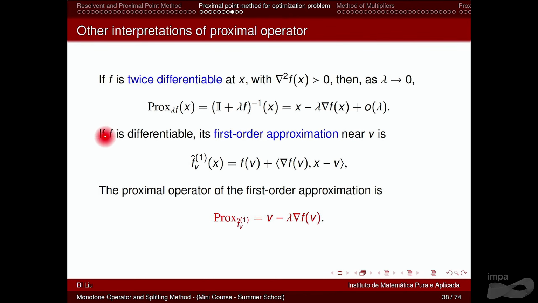And if f is differentiable, its first order approximation is this. We calculate the proximal operator of this first order approximation. It's just the same as the gradient descent of the function f, okay?